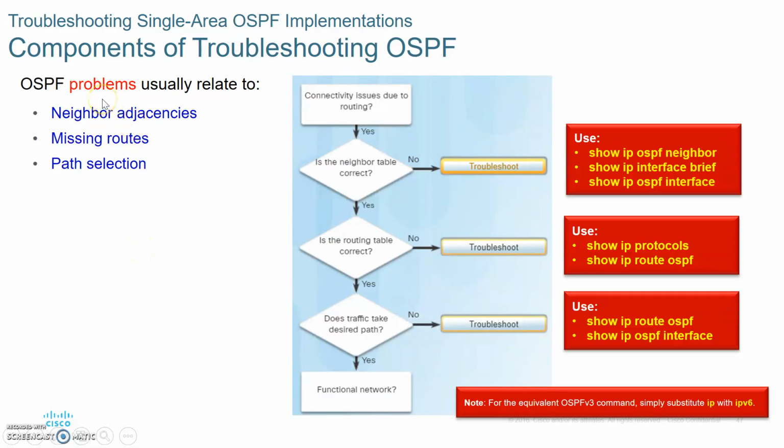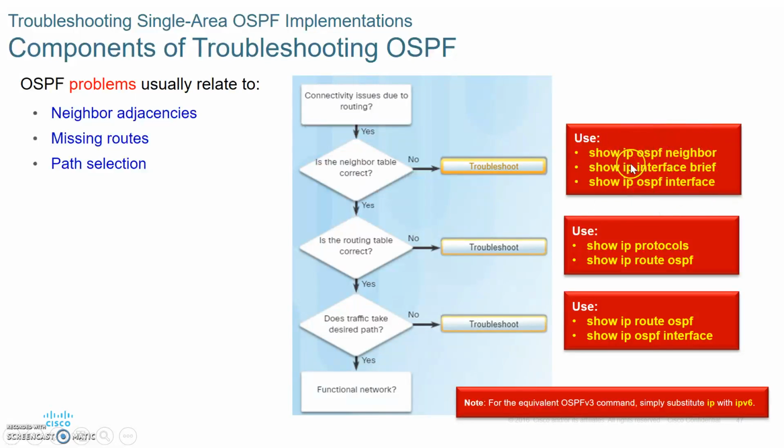OSPF problems are normally related to neighbor adjacency, missing routes, or OSPF choosing the wrong path, the longer path instead of the shortest path. These are the commands that you can use to troubleshoot such problems. If you have missing neighbors or the neighbor table is not correct, use show ip ospf neighbor, show ip interface brief, or show ip ospf interface.